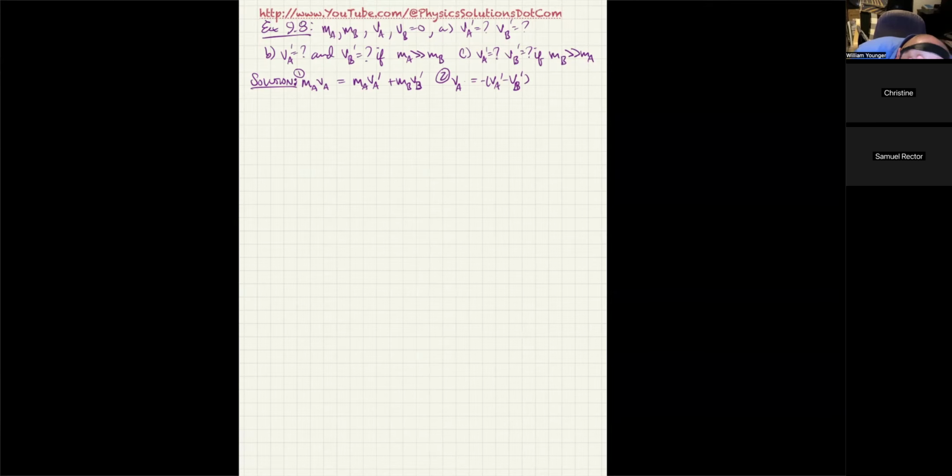If I take equation 2 and solve for VA prime, I'm rewriting equation 2. It's supposed to be VA is equal to negative VA prime plus VB prime. So from that, I can reach the conclusion that VA prime is actually equal to VB prime minus VA. And that works fine. I'm going to call this equation 2 prime.